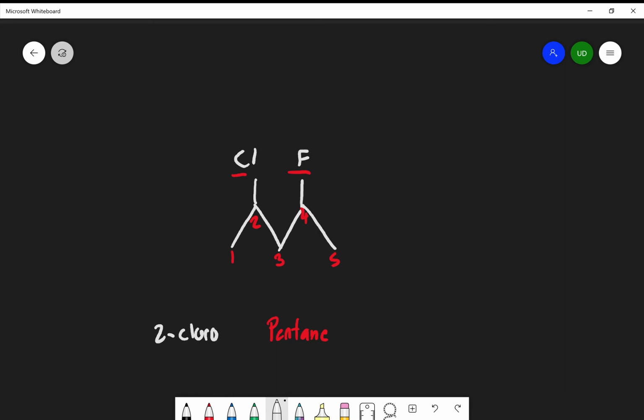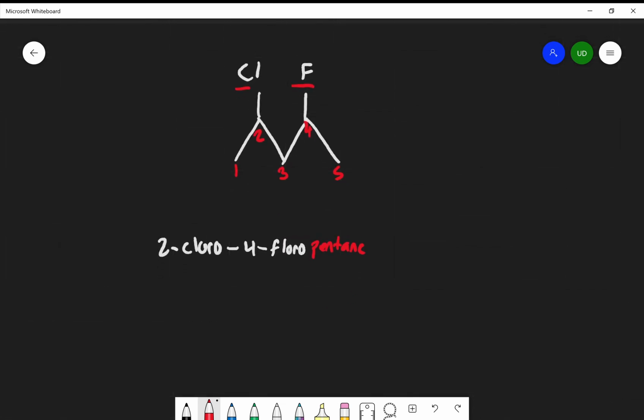So instead of saying chlorine, you would say chloro. 2-chloro-4-fluoro. And then you'd put the parent group, which would be pentane. So this is how you name these types.